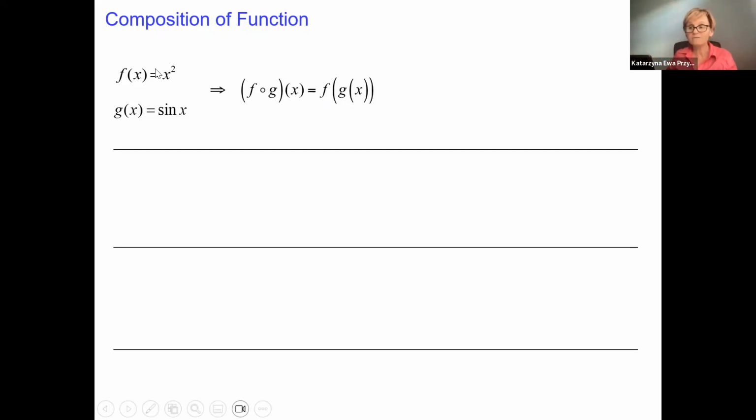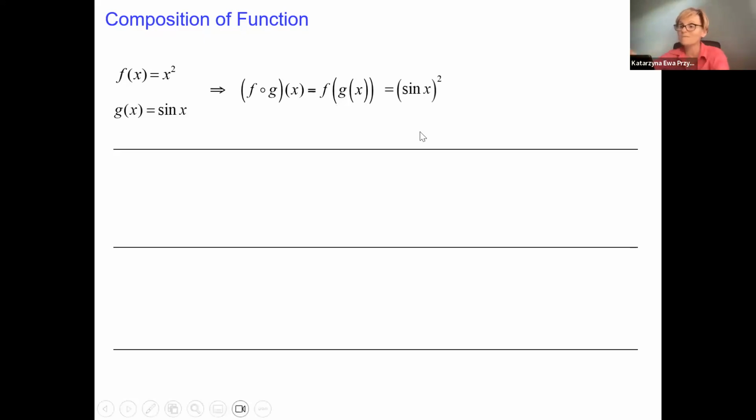Okay, f is the outer function. That means x squared is the outer function. But in order to combine f compound with g, we take the outer function f of x, x squared, and instead of x, we replace x with g of x.